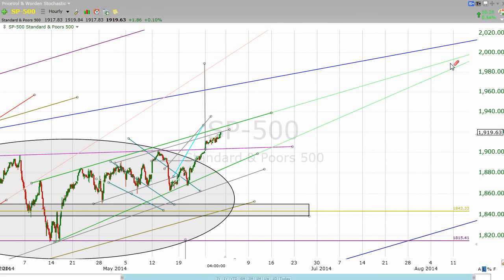So if we do get up there and we establish this trek to nearly 2000 inside of a wedge, which so far, like I said, that's all we've got to go on right now.